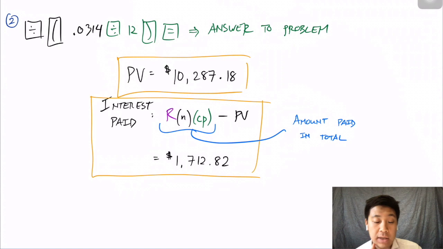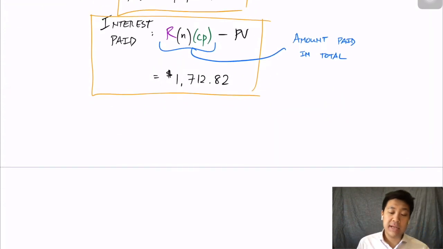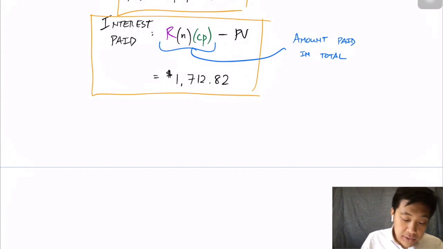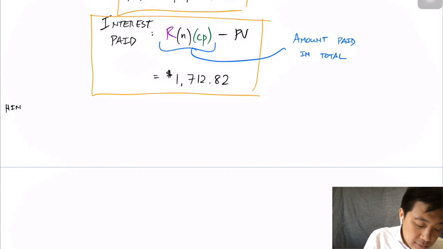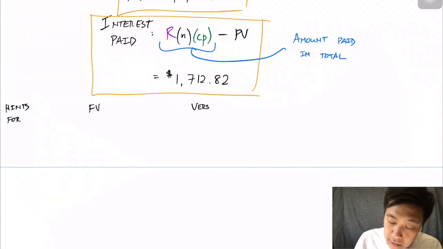Okay. Another way you can think about this is that I'll wrap up by saying from our textbook, it states that you can always recognize when it's a future value or a present value problem for the scenario that you're in too. So I'll write that really quick here. Hints for future value versus present value.